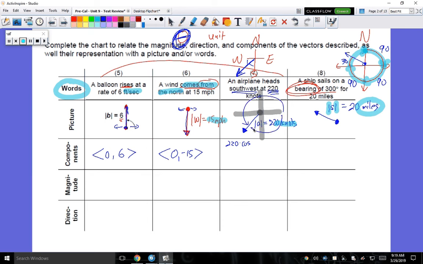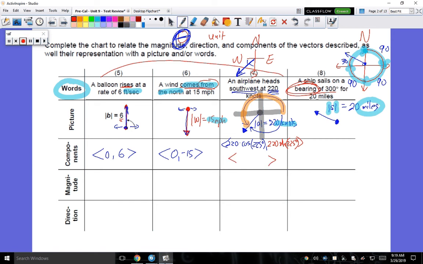Or you could do the negative route, either one. Let's do the positive route and say 90, 180, 225. So we're going to do 225 as the degree angle, and that's the x component of the vector. Then we'll do 220 times the sine of 225, and that's going to give us the y value of the vector, okay, the y component.